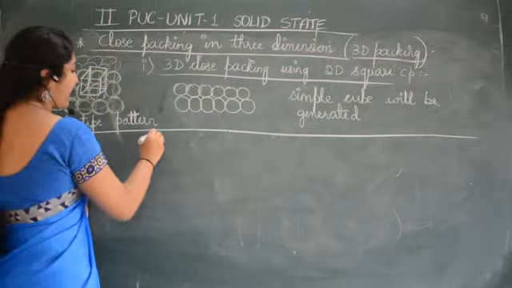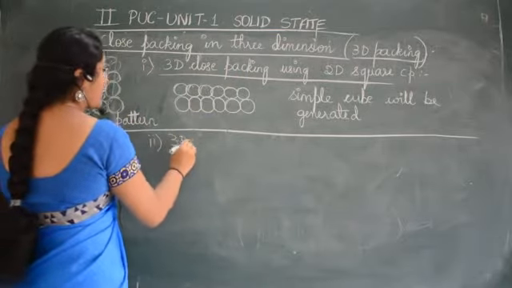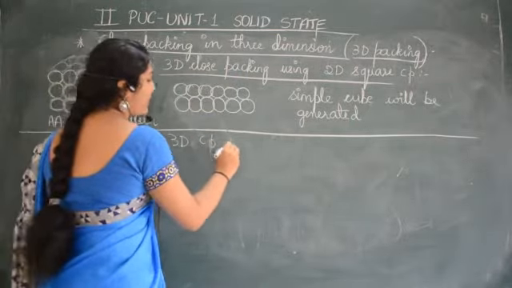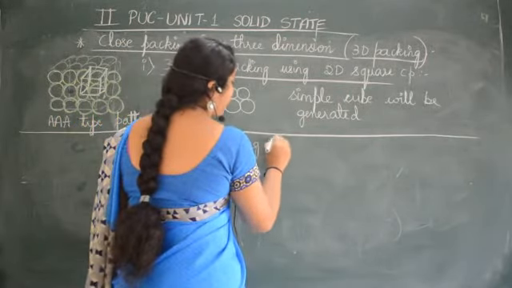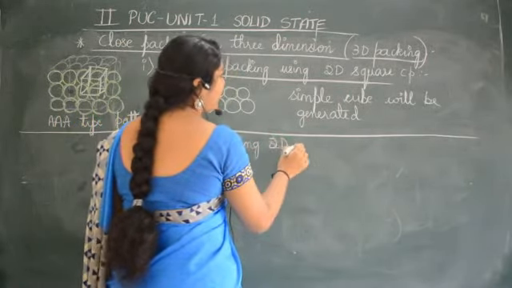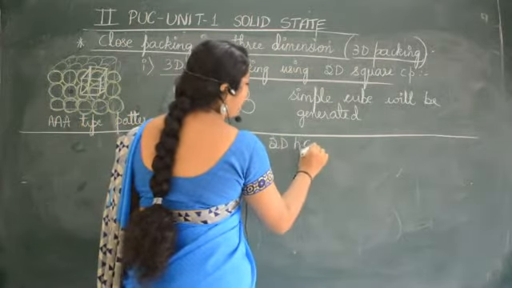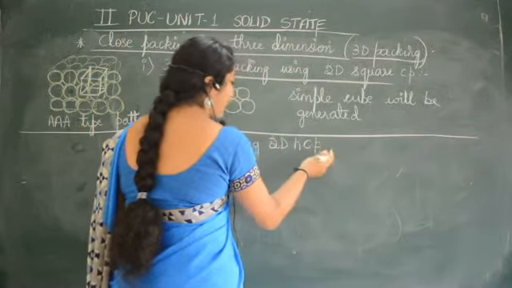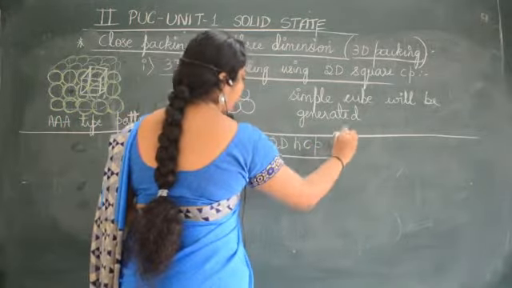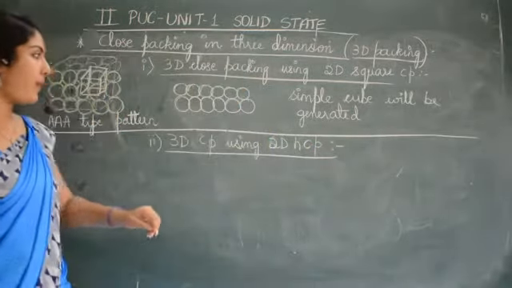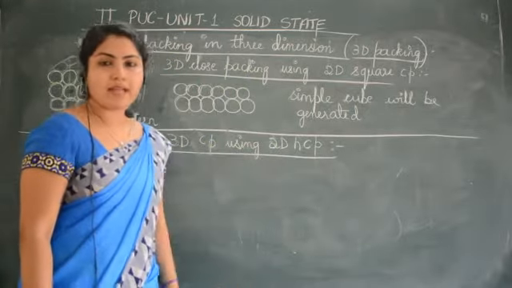The next type of packing is three-dimensional close packing using two-dimensional hexagonal close packing. HCP means hexagonal close packing. Now let us see what we observed in hexagonal close packing.